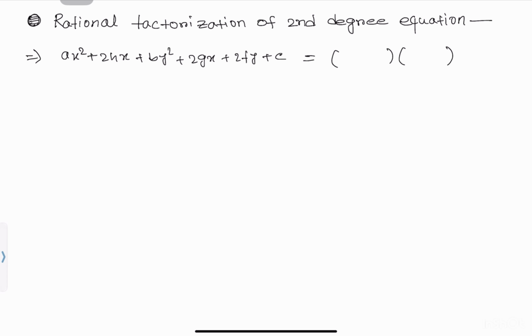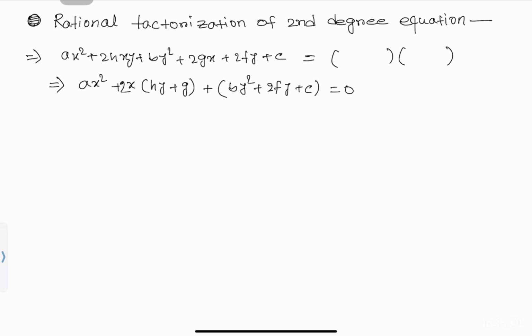Tell me one thing. I can write this equation as a quadratic equation in x: ax square plus 2hxy plus 2gx, so if I take 2x common, it is 2x(hy plus g), and then the remaining part by square plus 2fy plus c, equal to 0.